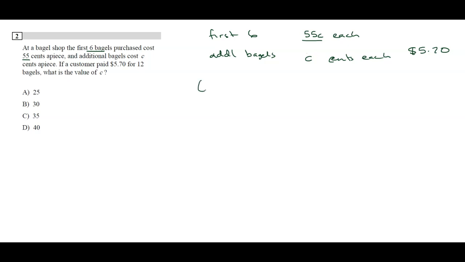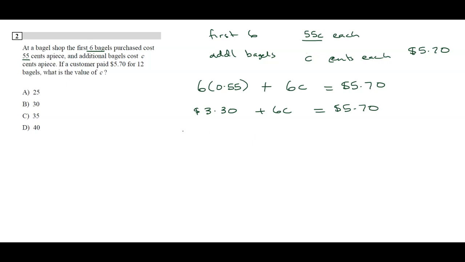So it's going to be 6 multiplied by 0.55 plus, and then we have 12 bagels altogether, so there are 6 left, so plus 6C is equal to $5.70. If you multiply this, you should get $3.30 plus 6C is equal to $5.70.